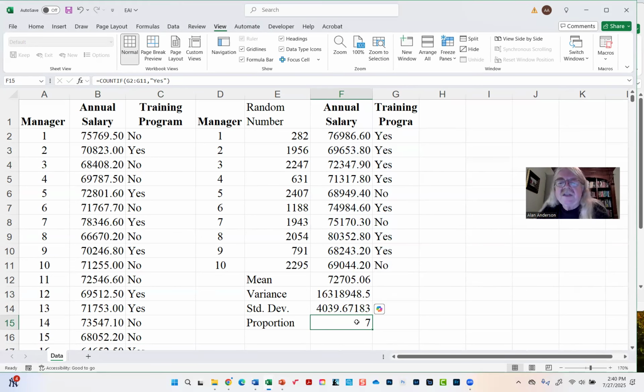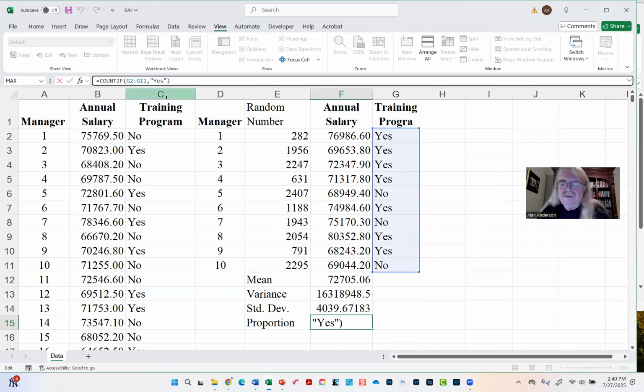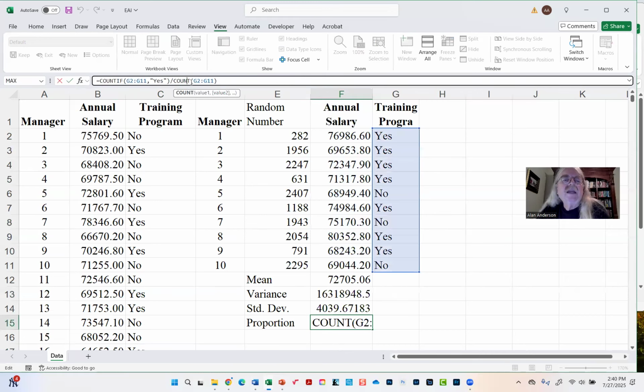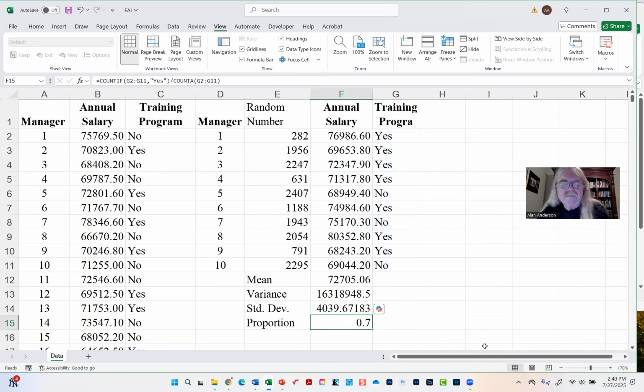Okay, so 7 of them said yes. The total is obtained by putting COUNTA. I mean, obviously it's 10, but if you don't have that information, oh, see, that's the one that requires the A. That's what I was confused about. All right. So in other words, you see what I've done here?